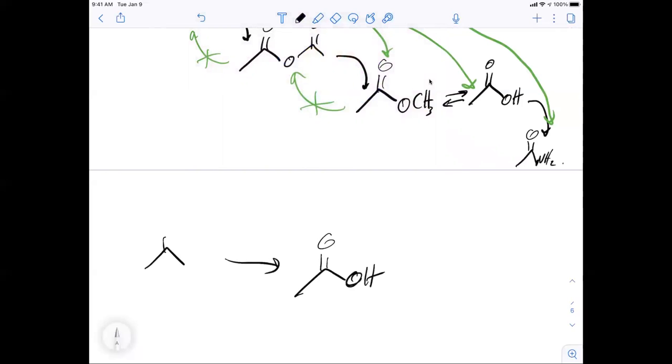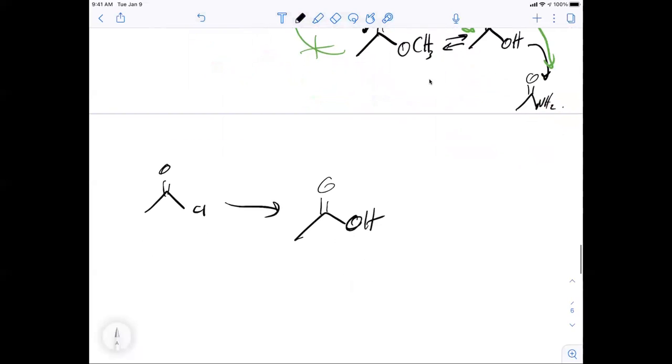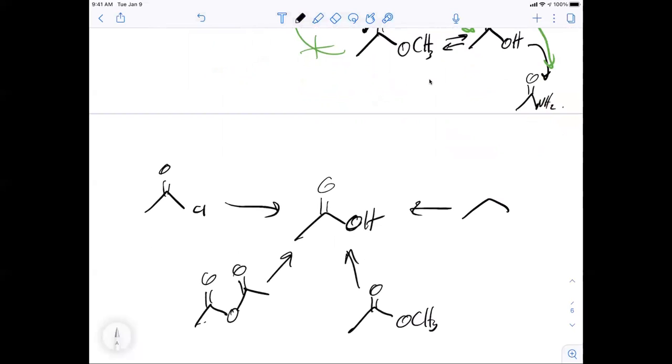Right, so I can take the acid chloride and turn it into the acid. I can take the anhydride and turn it into the acid. I can turn the ester into the acid. I can turn the amide into the acid. The difference is you use acid catalyzed versus base catalyzed, right? So we can all turn in there.